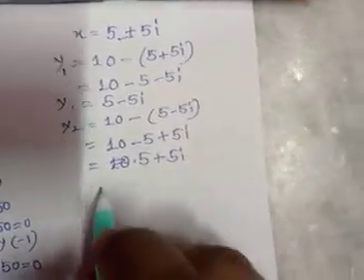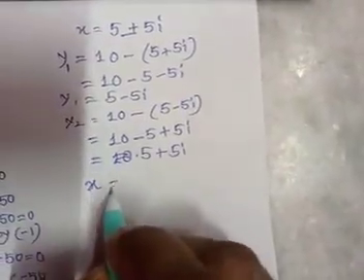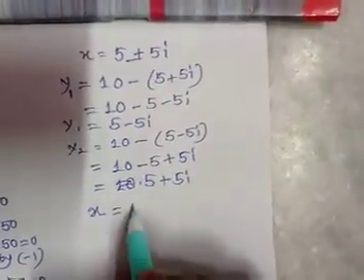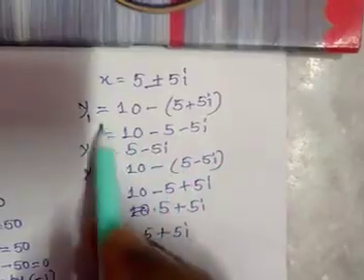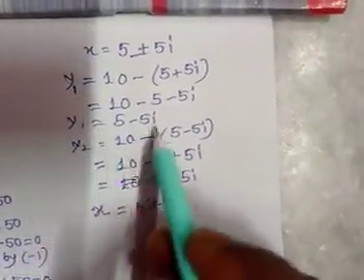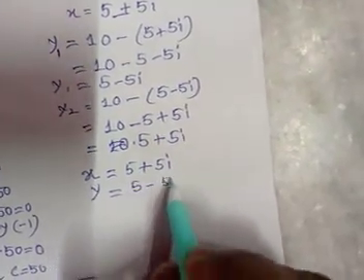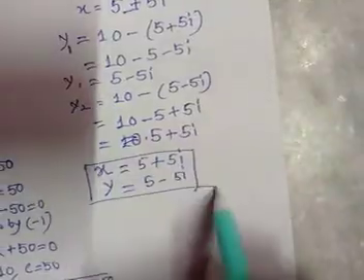So the pair of solutions are, when x equal to 5 plus 5i, then y equal to 5 minus 5i, and this is a pair of solution.